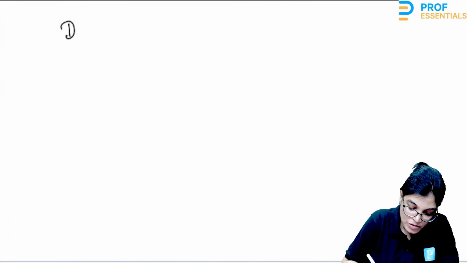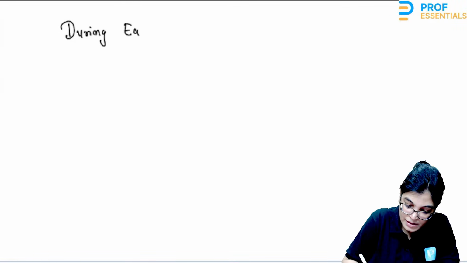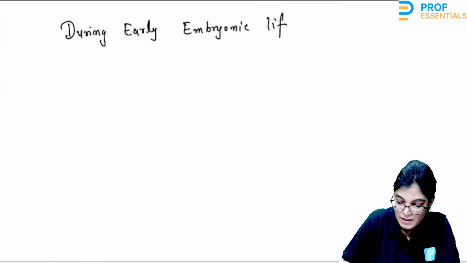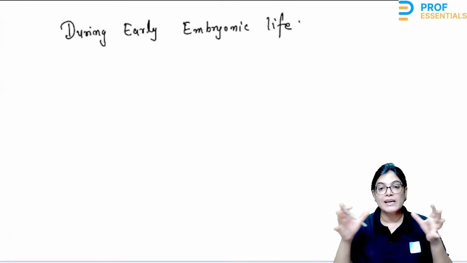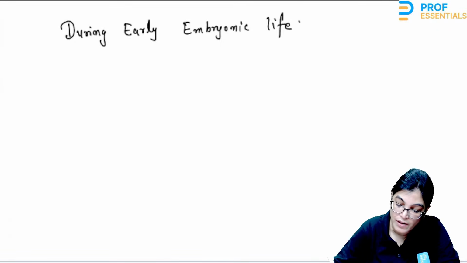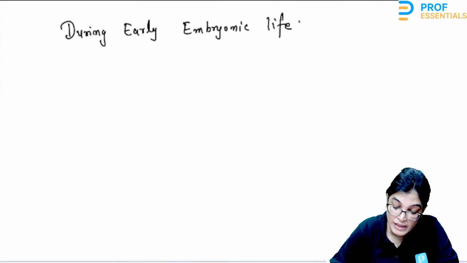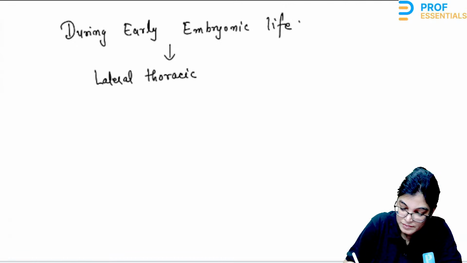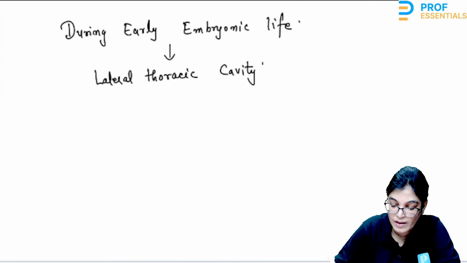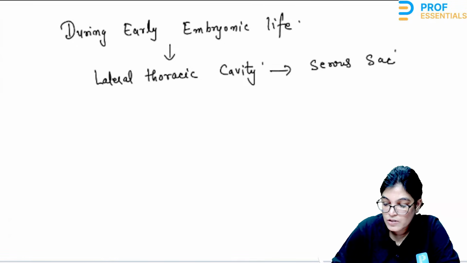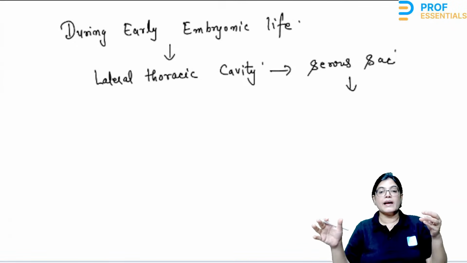So during the early phase of embryonic life, what happens? The lateral compartment of the thoracic cavity is occupied by a closed serous sac. So there is initially only a serous sac, and then what happens?